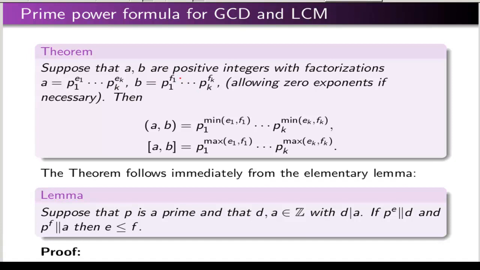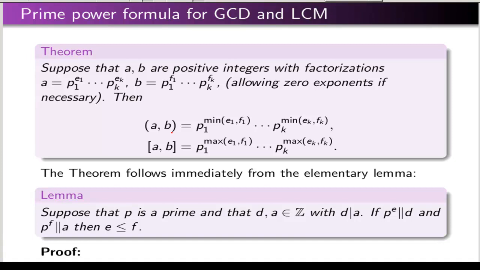Well, of course, that's not true for arbitrary A and B. But by allowing zeros in the exponent positions, I can use exactly the same set of prime factors. And so that makes proofs much cleaner in nature by allowing these zeros in the exponent positions. So here's the property.